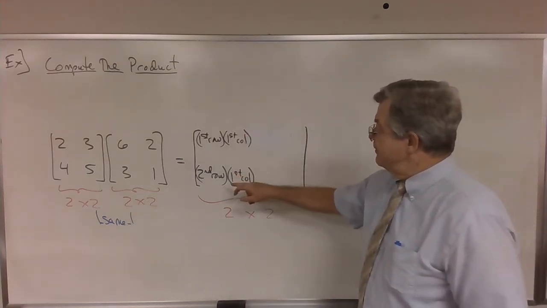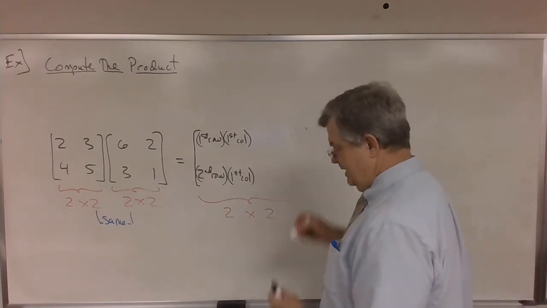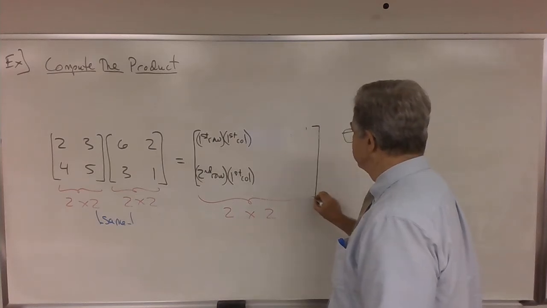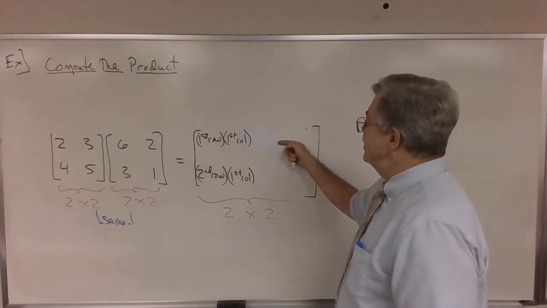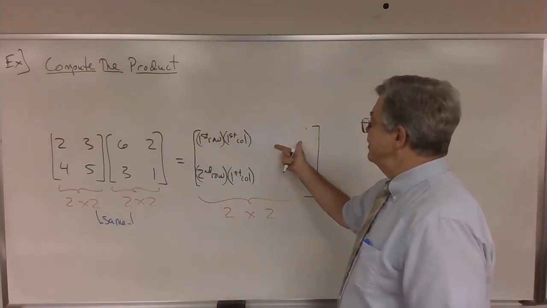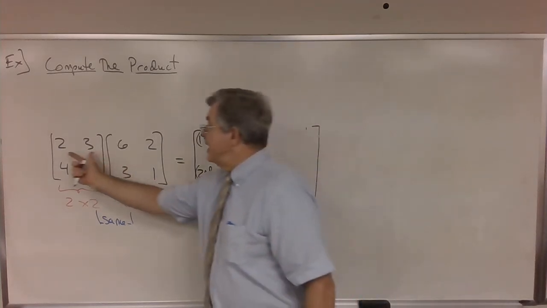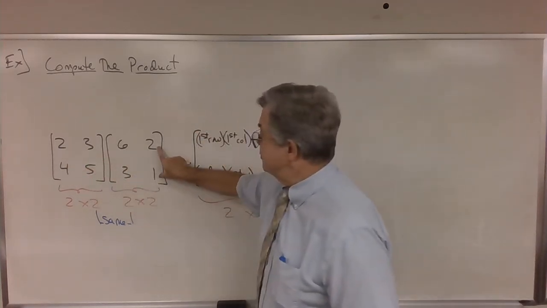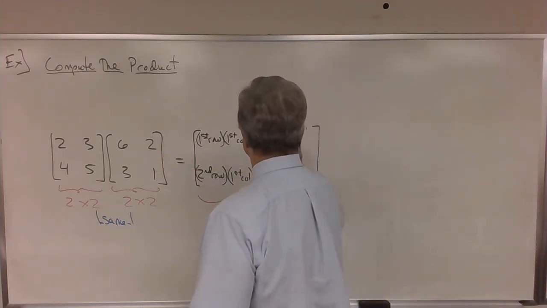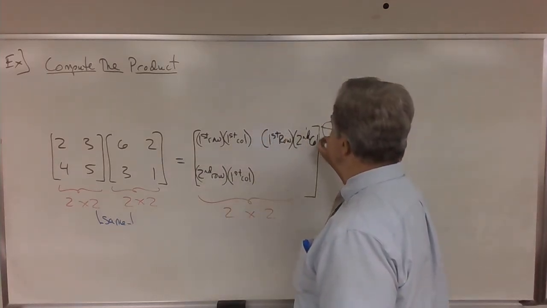Well, that takes care of the first column here. Now, first row, second column. To get this entry, I multiply the first row times the second column.